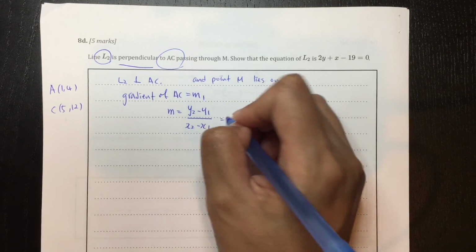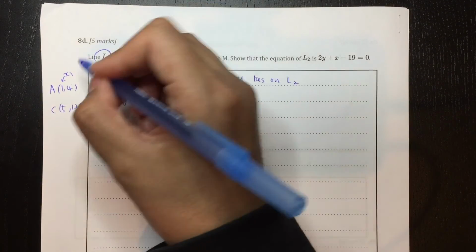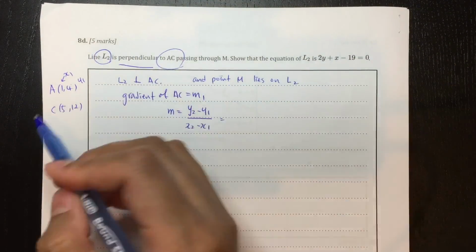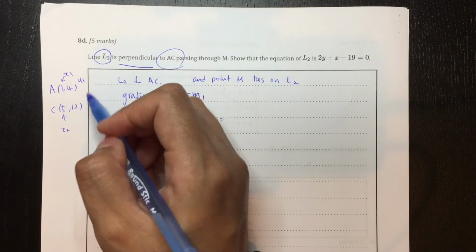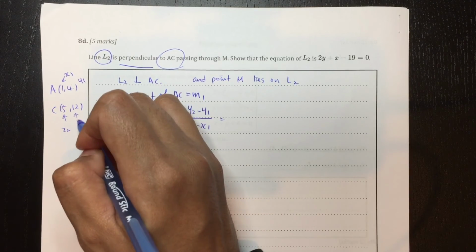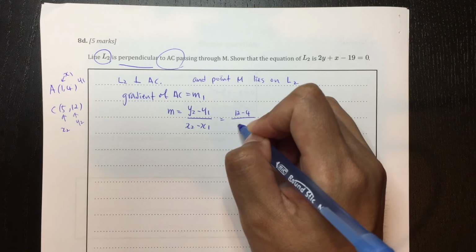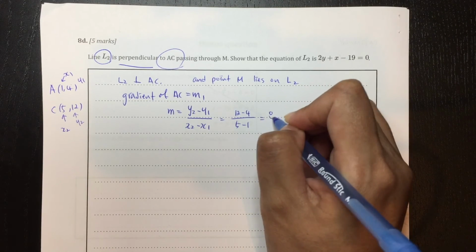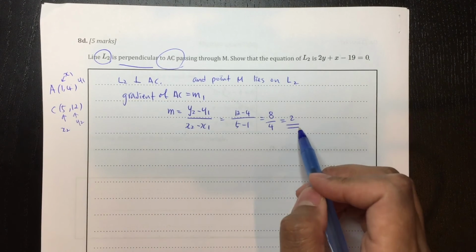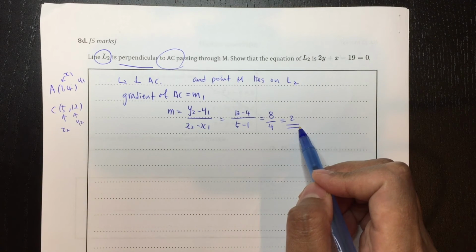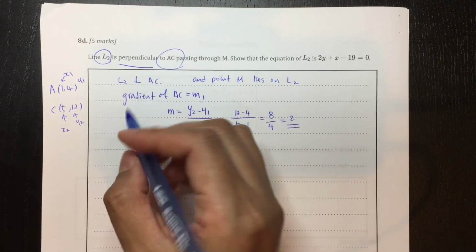In this case, 1 is our x1, 4 is our y1, 5 is our x2, 12 is our y2. So we do 12 minus 4 over 5 minus 1, which is 8 over 4, and this is equal to 2. So this is our m1, the gradient of AC. Then we can find the gradient of L2.